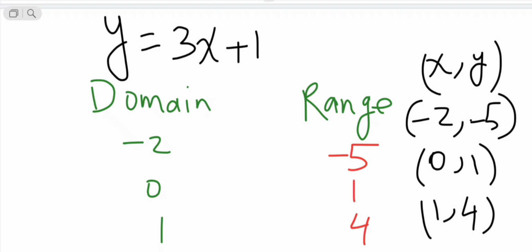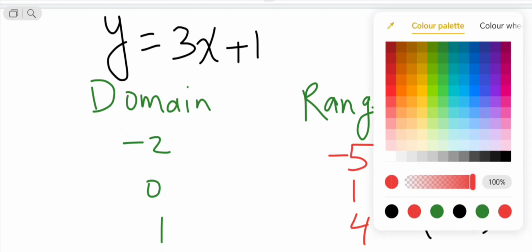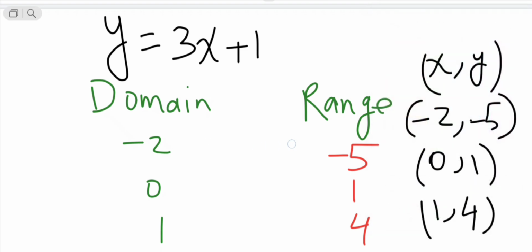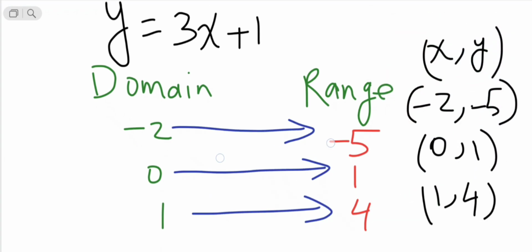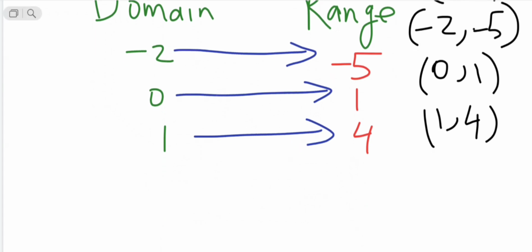look at this function. According to this function, each domain has a different range. Each domain has a different range. As I told you, we will also learn the types of function.